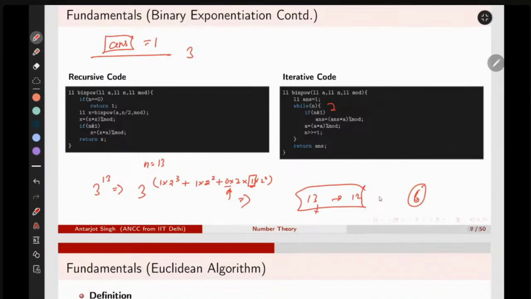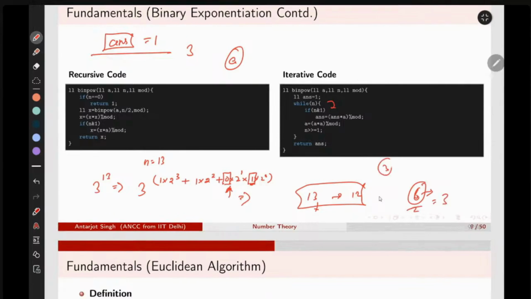As 6 is even, since the bit is 0, we cannot directly multiply our squared number, the 2 to the power i, to our answer, because the bit 0 means no contribution. That's why we skip, and 6 by 2 is 3. So 3 is odd. So we multiply this, and whenever n is odd, we multiply that to our answer.